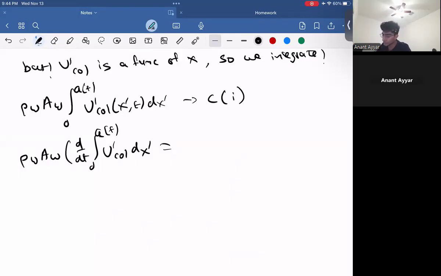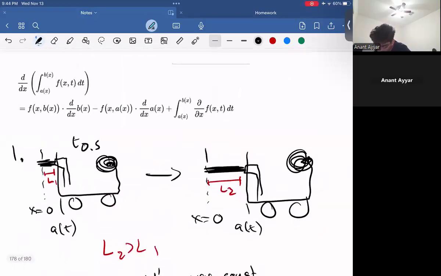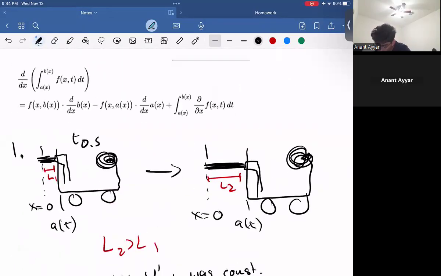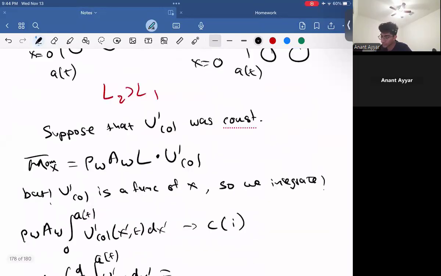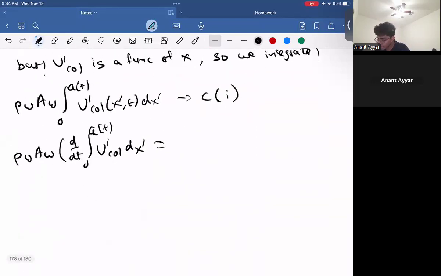So the first thing we have to do is evaluate the function at the top integrand, and multiply it by the derivative of the top limit with respect to, in this case, time. So we'll evaluate the inside of it at a(t), comma t.